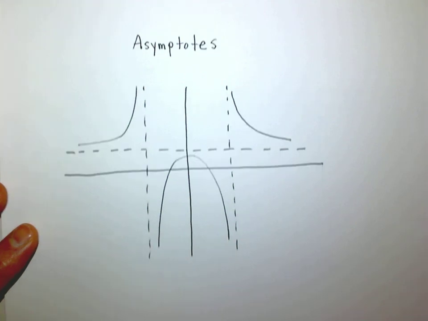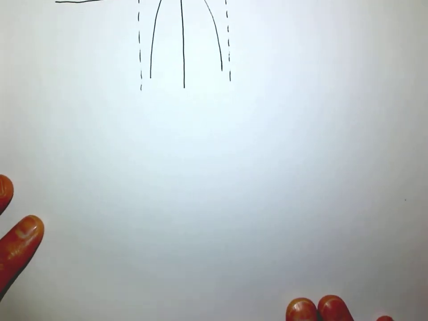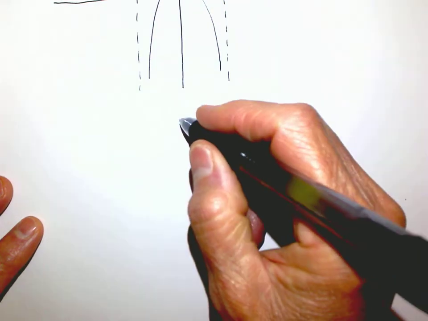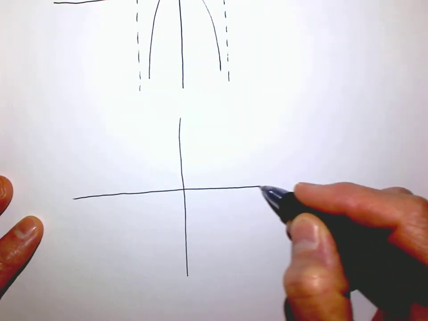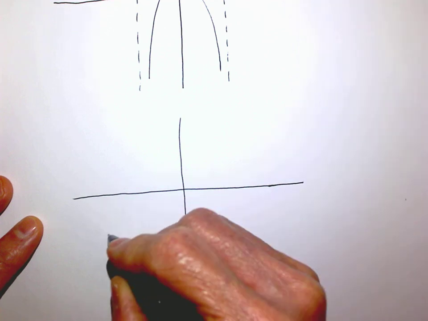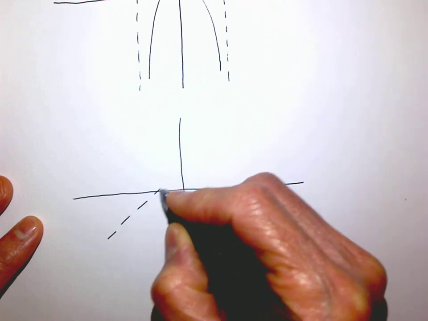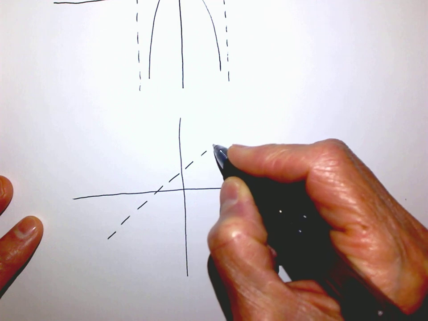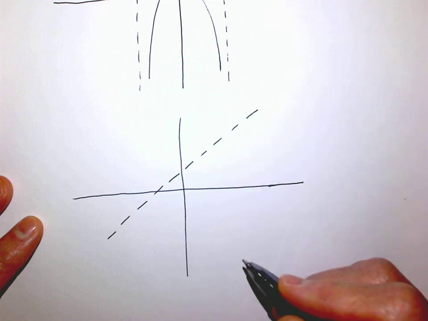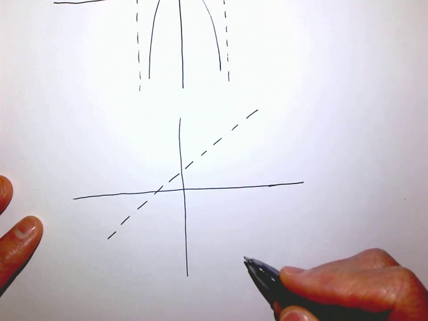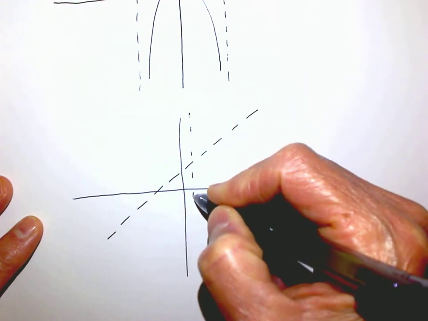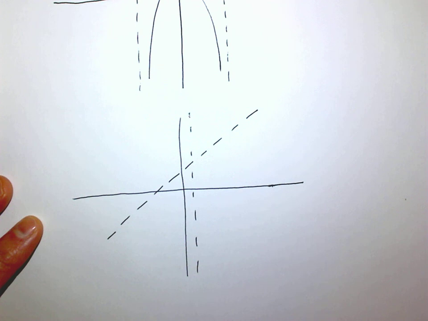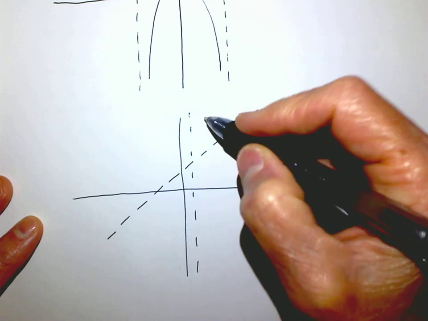We can also have slant asymptotes. So we have a slant asymptote like that, and a vertical asymptote like this, and then our graph may look something like this.